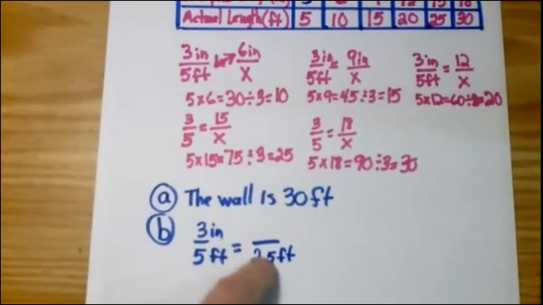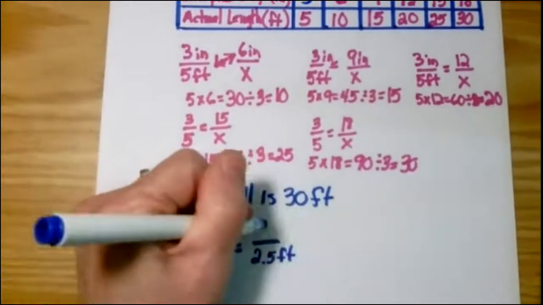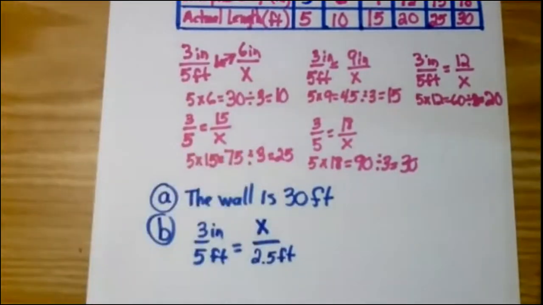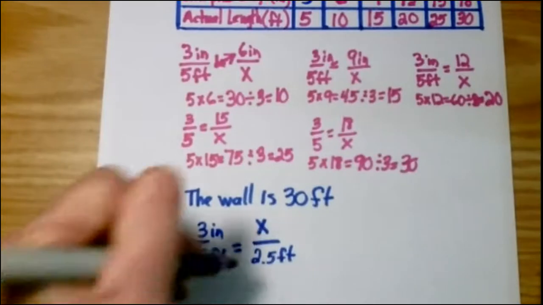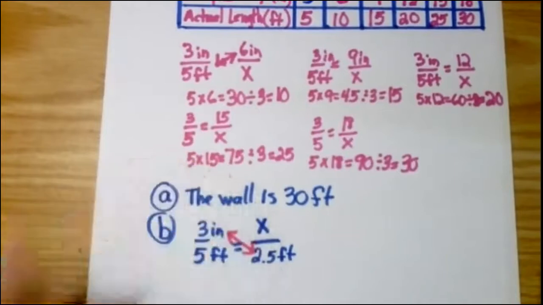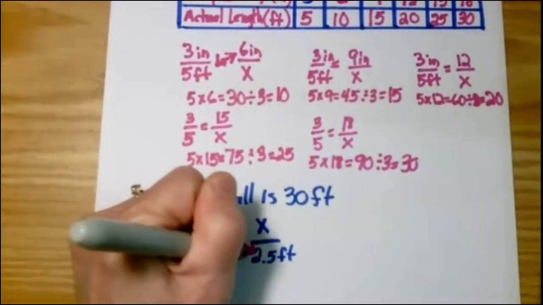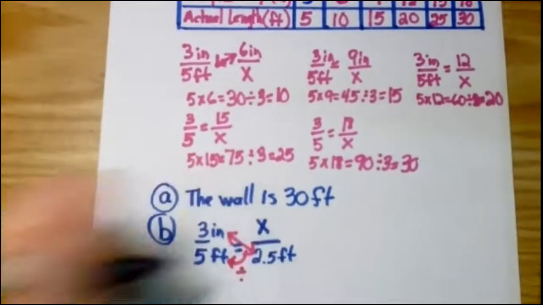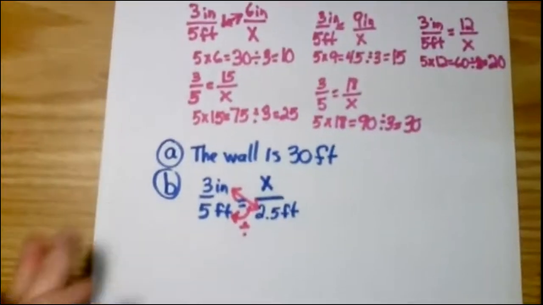Be careful, because this is the actual size. The actual sizes go together. This time they want us to find the scale size. So now we have to put the x there. We still solve it the same. We cross multiply the two diagonals that we know, and then we divide by the remaining number, just in a different spot.